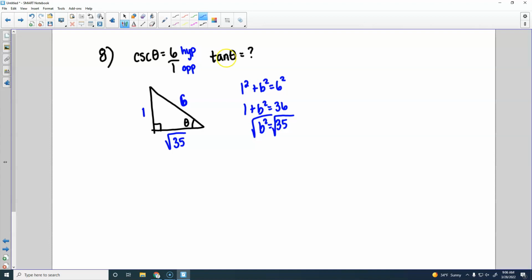And then our tangent is opposite over adjacent. So that is going to be 1 over the square root of 35. And to rationalize there, we have to multiply by square root of 35 on the top and bottom. So we'll get square root of 35 over 35 for that one.